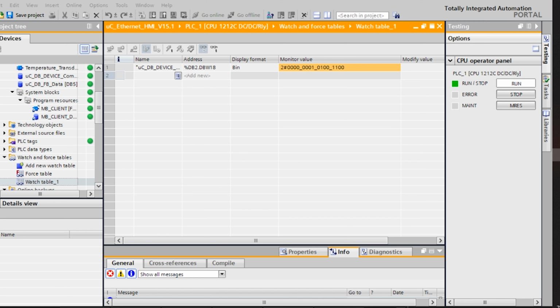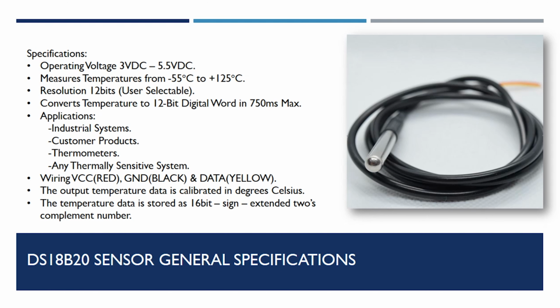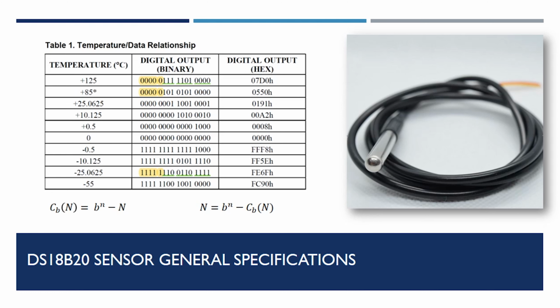So the documentation has stated that the sensor will provide 16 bits. It's a word length, and those bytes are going to be processed inside the PLC program. This is a brief summary of the data being collected.